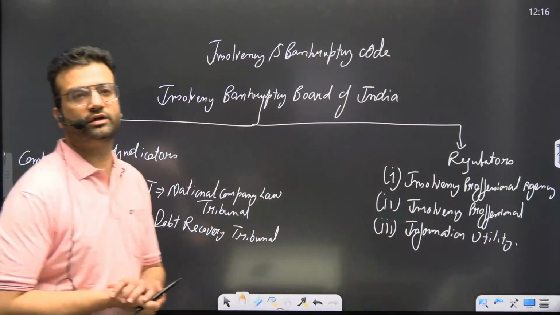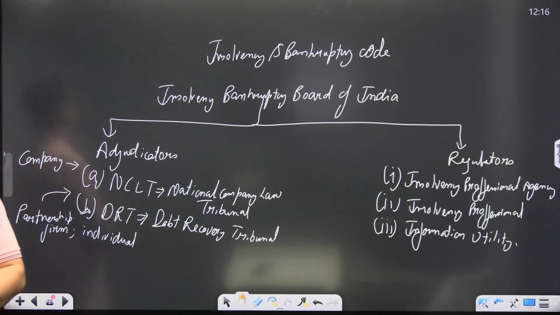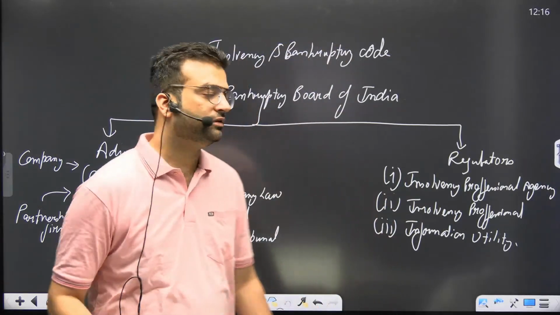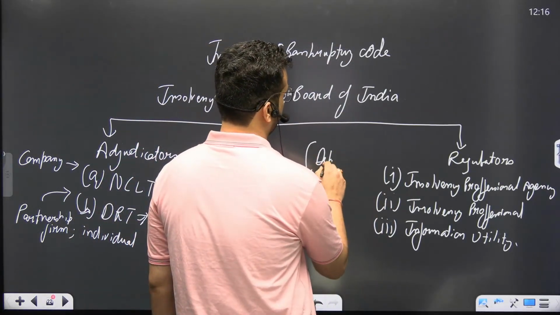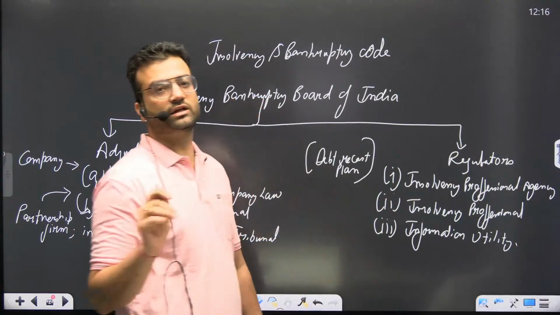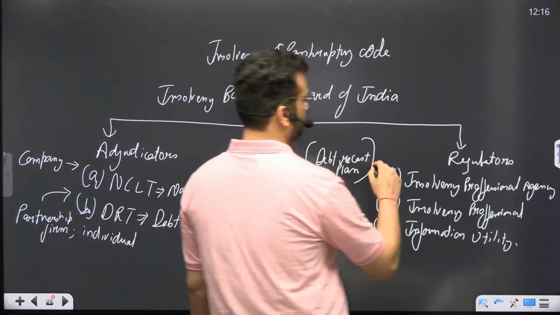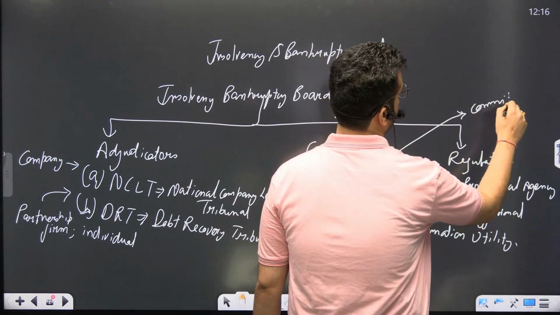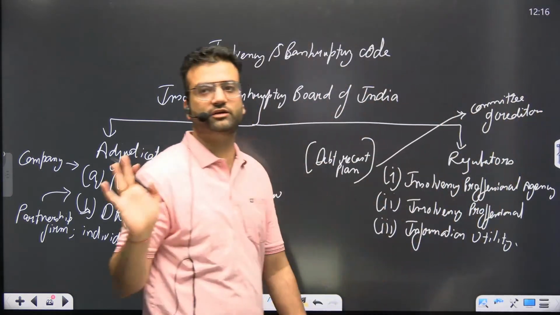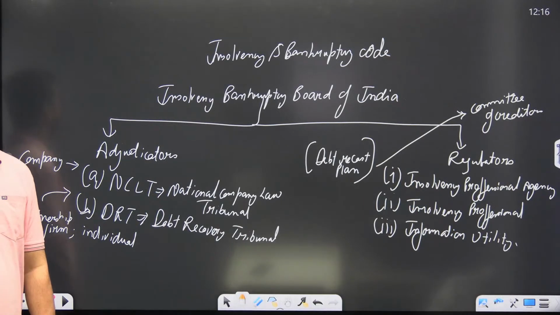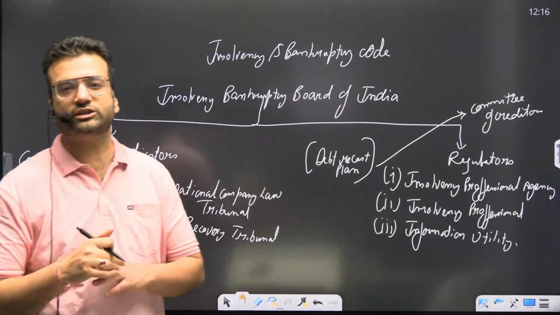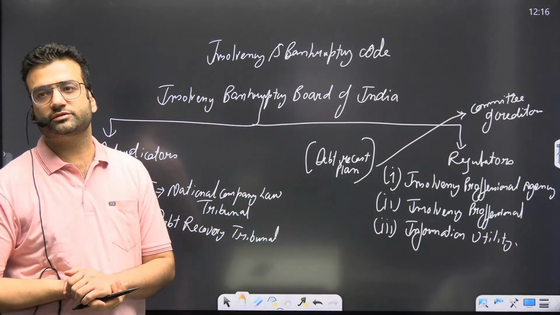These are the three regulators. Insolvency professional agency means those agencies which will make the debt recast plan. It is run by the committee of creditors, who will decide by 66% votes whether we want to protect this company or whether we want to wind up this company. This debt recast plan is made by these committee of creditors.